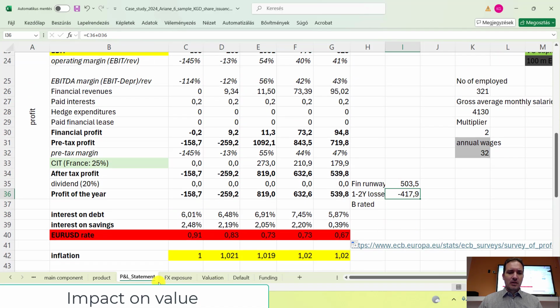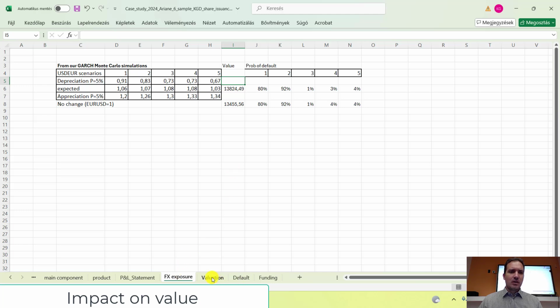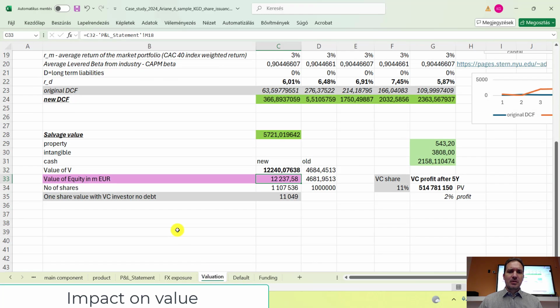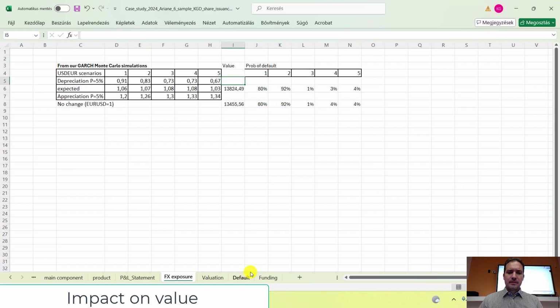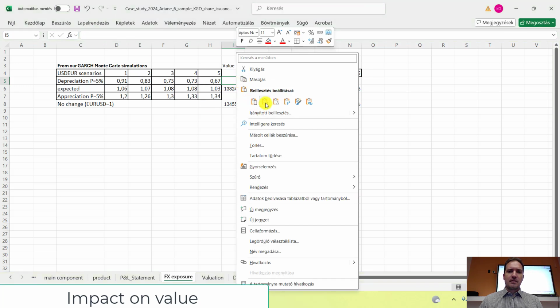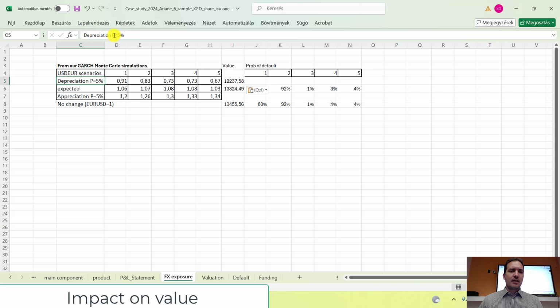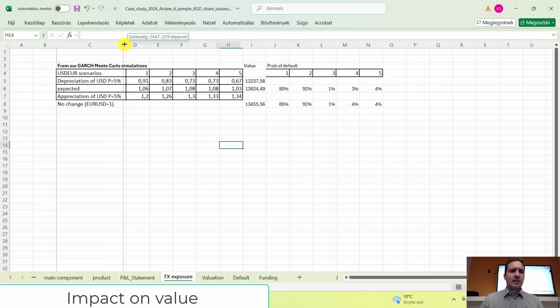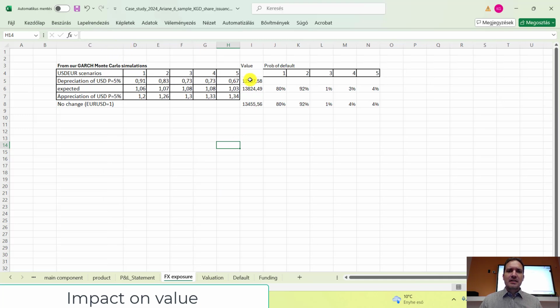Maybe I interpreted the whole thing backwards, because this is not depreciation, this will be appreciation for the euro. The depreciation of USD, let's say. So in this case, still we can see that value decreases.